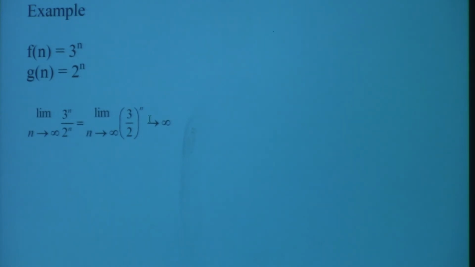If you take 1.5 and keep raising it to higher and higher powers, that ratio is going to go to infinity. So it shows you that exponential functions, even though they're inverse functions of logs, are not proportional to each other. Any higher base value is a higher complexity. 3 to the n is higher complexity than 2 to the n.